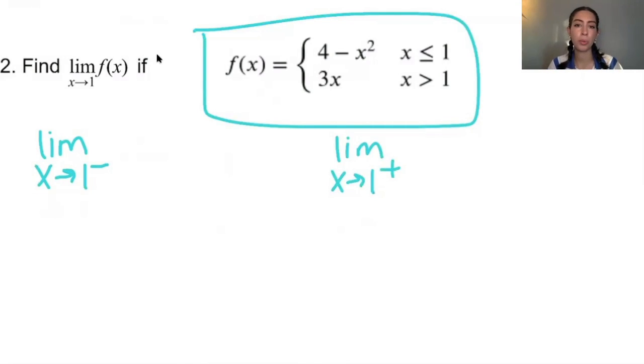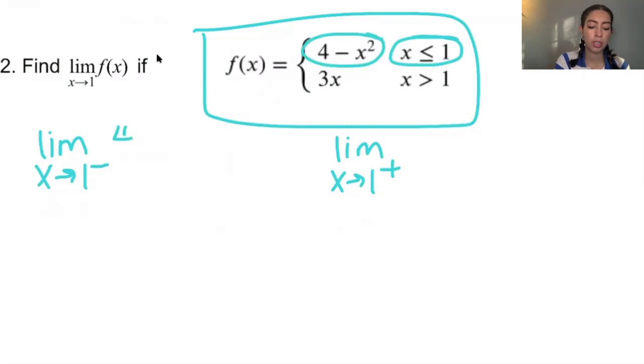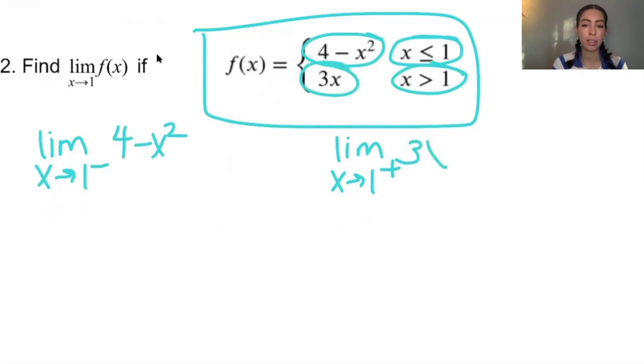And we need to pick which functions correspond with which side. So the left of 1 is all the values that are less than 1, or equal to in this case. So I'm going to use 4 minus x squared as my function here for the left side. For the right side, it's x greater than 1, so I'm going to use 3x.